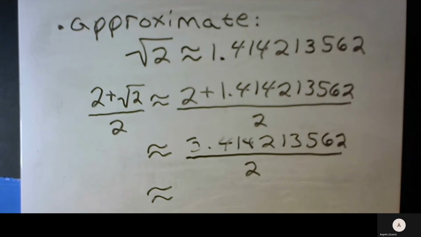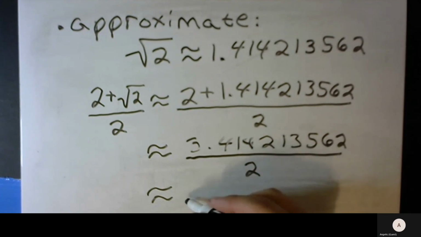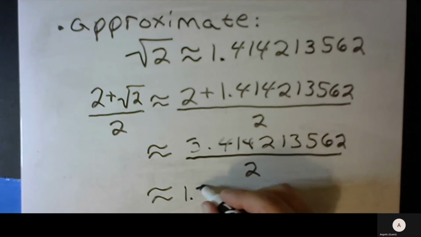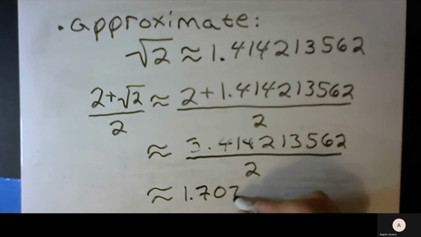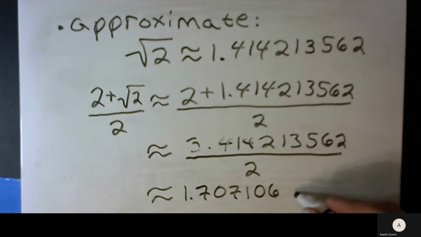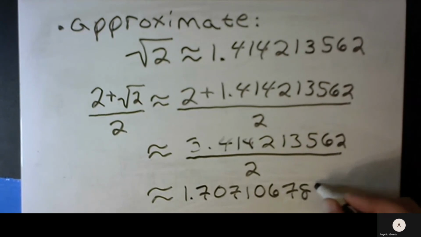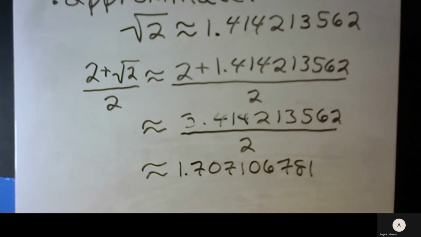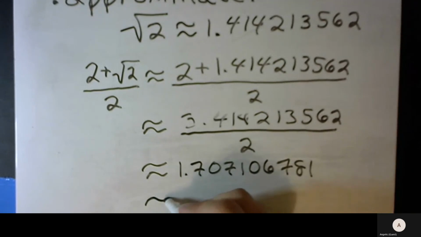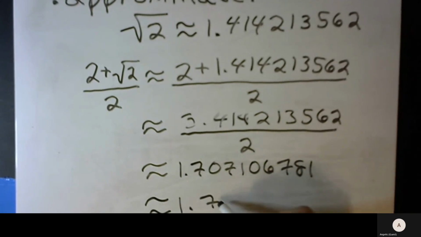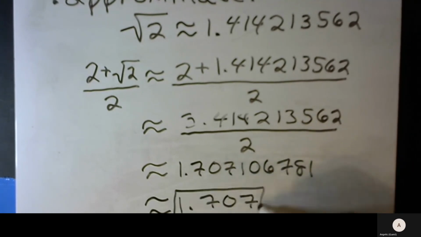If you divide by 2, and then rounding this off, let's say to the nearest thousandths, tenths, hundredths, thousandths.